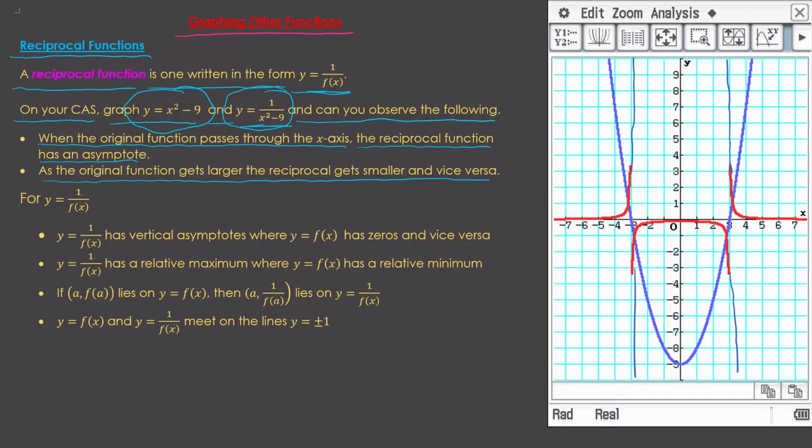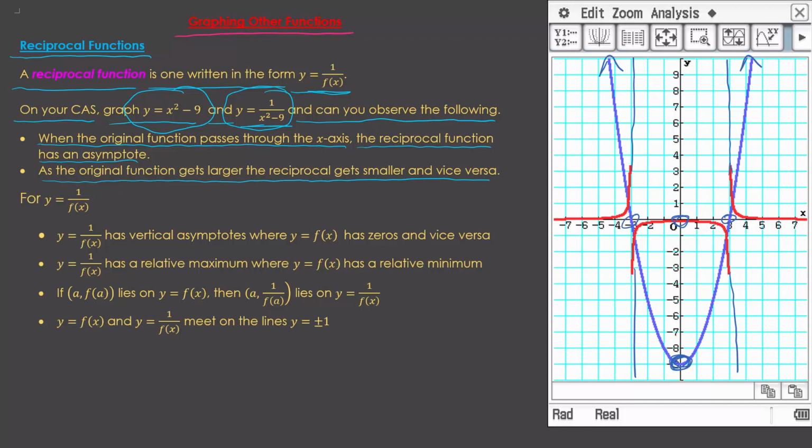Now, note where the original graph crosses the x-axis. So the original graph crosses at -3 and 3, and that's the asymptote of the reciprocal graph. When the original graph gets larger, so it's going out here and down here, we have small values.